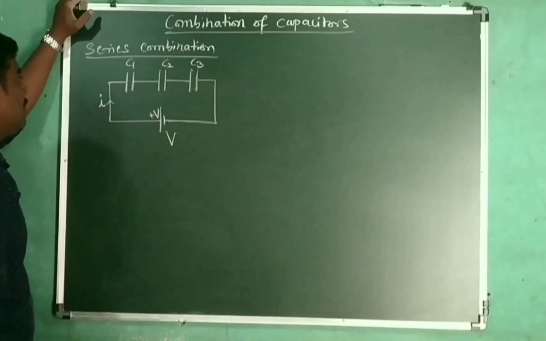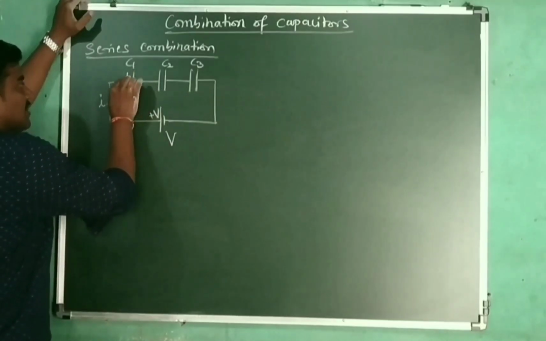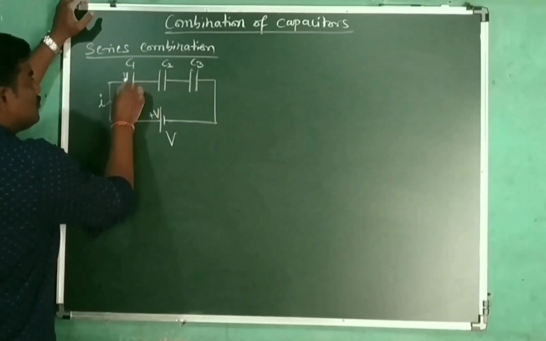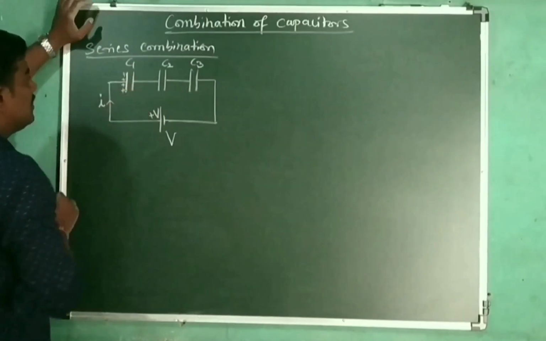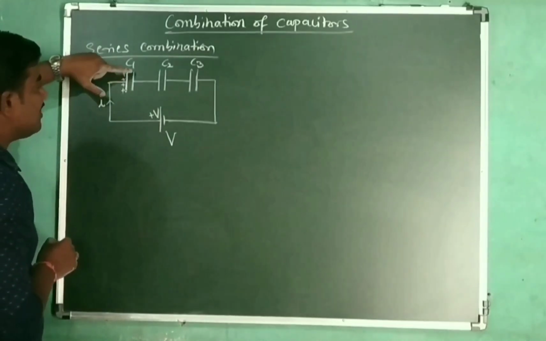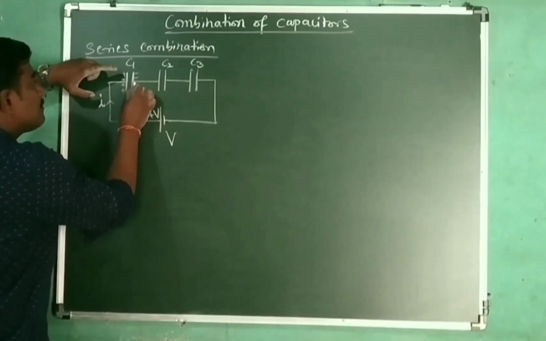Always remember, the first plate of the C1 capacitor is having positive charges. If this plate is having 4 positive charges, definitely the next plate will have 4 negative charges.